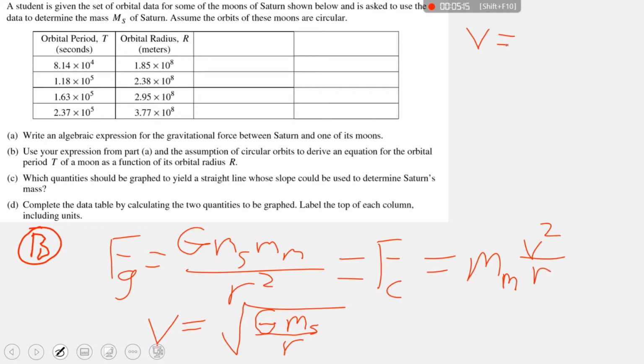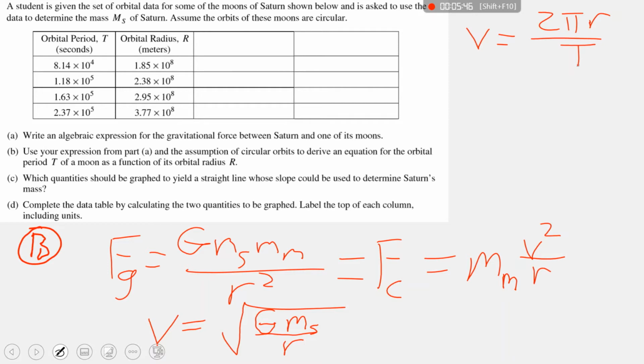Velocity is 2 pi over T. Really close. Velocity is a distance over time, so not just 2 pi, but 2 pi r. There we go. So circumference over the orbital period, which is the capital T for period.